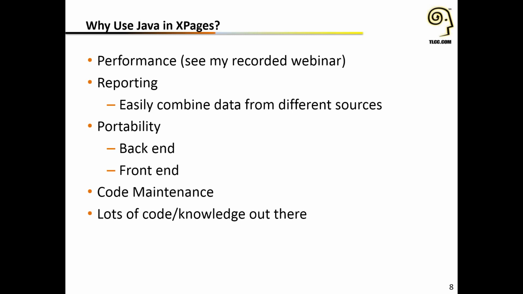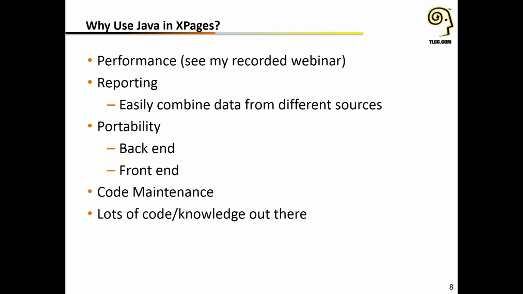And it's really hard to then find out what went wrong or to go make a change or update something. Having everything in Java, whereas your XPage is simply calling Java methods to display things or figuring out if something should be rendered, puts all that logic in one place, makes it a lot easier to debug and maintain.